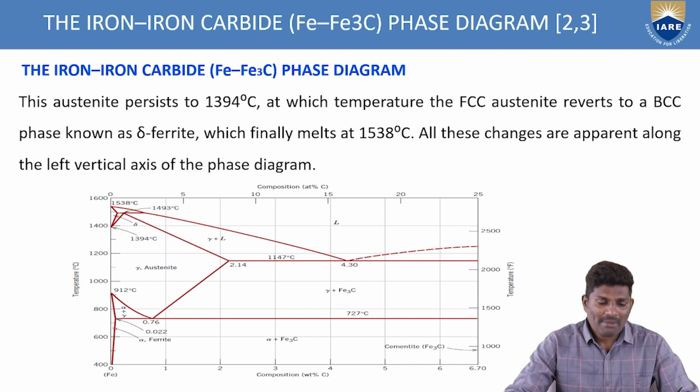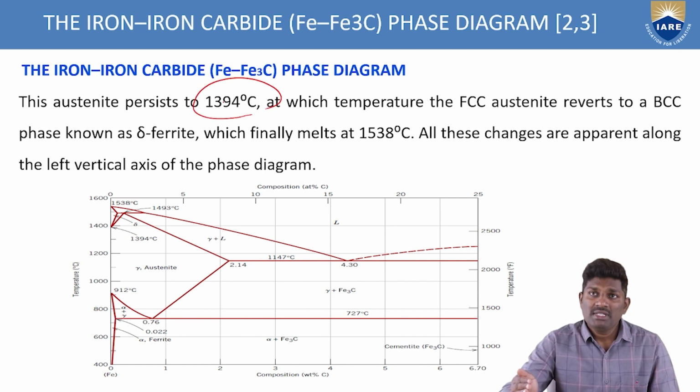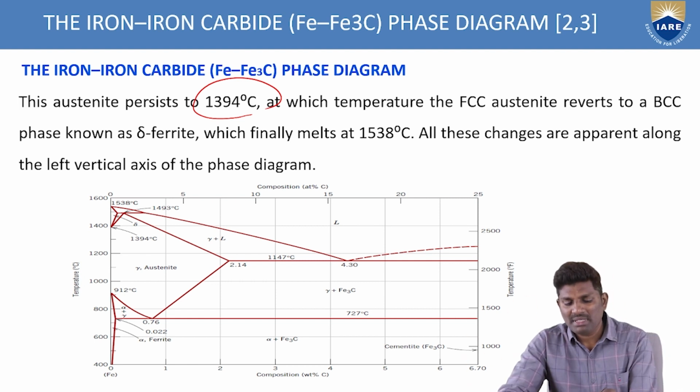So next, what happens here? This austenite persists to 1394 degrees centigrade. That means slowly, whatever the FCC is there, it persists to 1394 degrees centigrade, and at that temperature the FCC again comes back to BCC. So what is happening here?